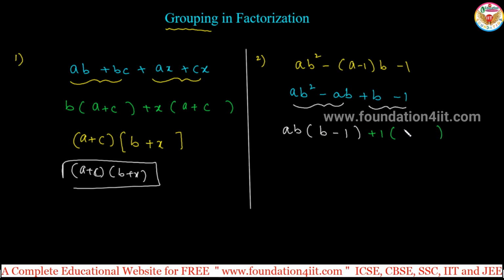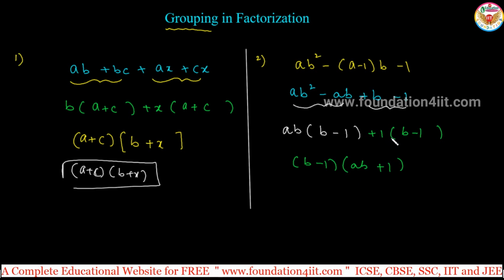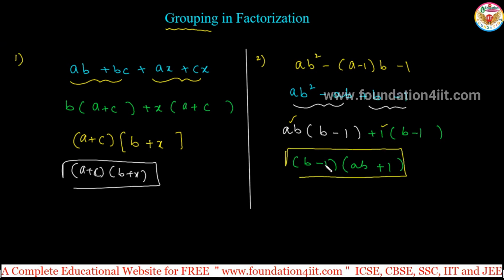So b minus 1: from b minus 1, take plus 1 common. 1 into b is b, and 1 into minus 1 is minus 1. Now the same thing should be in the bracket. So b minus 1 is common in both expressions, the first part and second term. Now here is ab plus 1. If you take b minus 1 as common, this is the expression: the product of two or more given expressions.